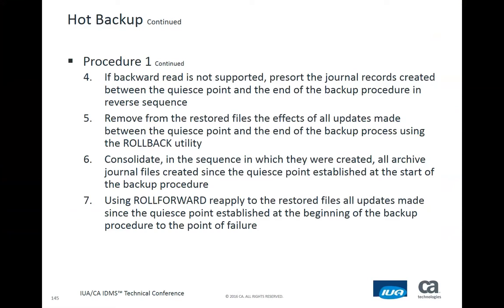And then you're going to use the roll forward utility to roll forward the updates from the Quiesce point to the point of failure. So you can see that as part of this hot backup, we had that extra step where we had to recover the backup, to allow the backup to resemble a good database by doing that first rollback. And then we could do the roll forward up to our point of failure.